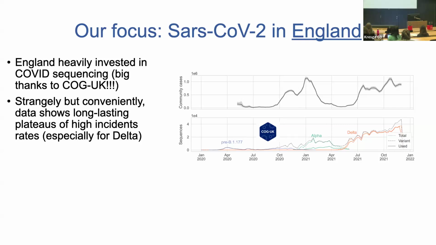There are hypotheses, and I don't want to go into that. I just want to say, for us, it's very convenient because both the prevalence, this is from an infection survey which randomly sampled people, was constant, and the sequences that were sampled were also roughly constant during that time. So we are going to focus on that period of time.